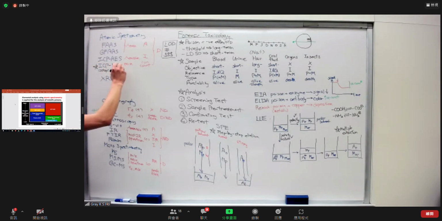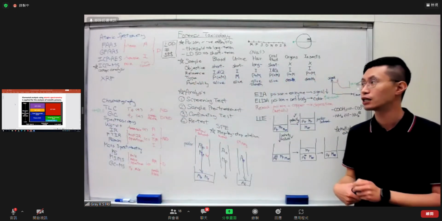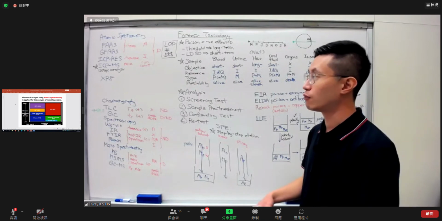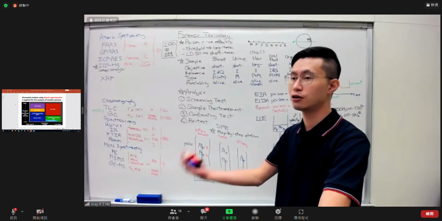For the others, it will be a total metal content. For the ICP-MS, it is still a total metal content, but it will also be able to tell you the isotope. Because if you remember, for the metallic poison, we have the radioactive poison. For the radioactive one, you do have the plutonium-210, nickel-63.